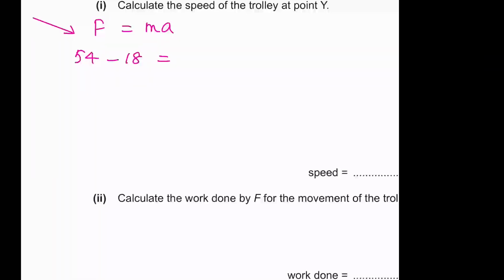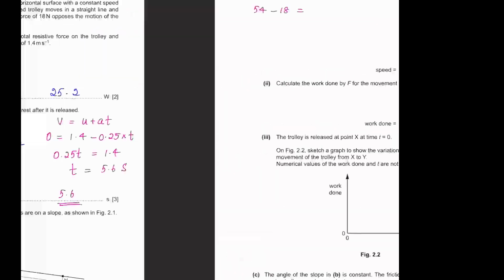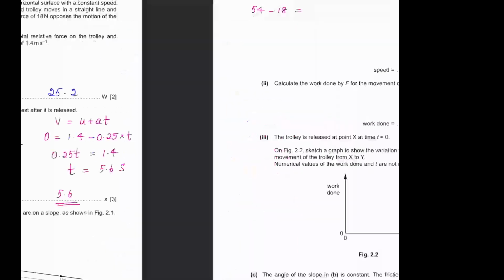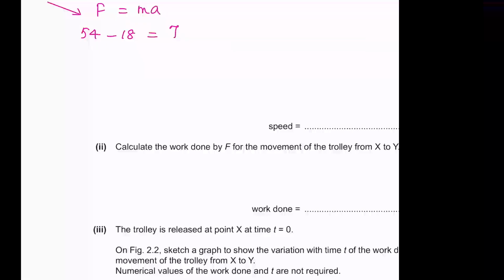And the mass is how much? 72, times the acceleration. So 54 minus 18 is 36. 36 divided by 72 is equal to a. So a equals 36 over 72, which is 0.5 meters per square second.